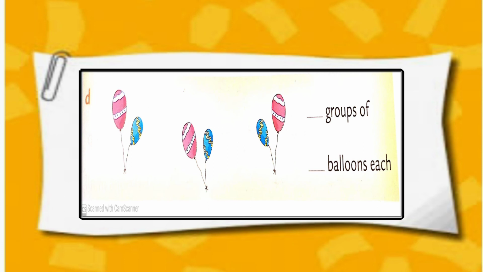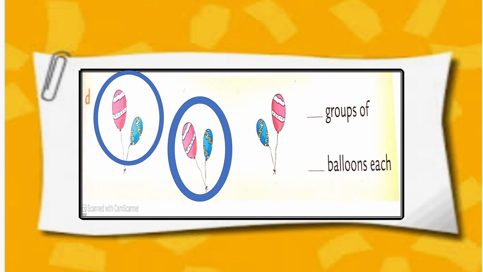So first of all, let's find out how many groups there are. 1, 2, 3. 3 groups of.